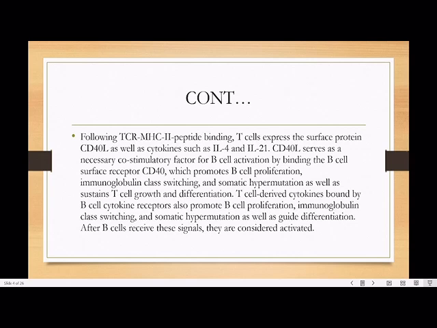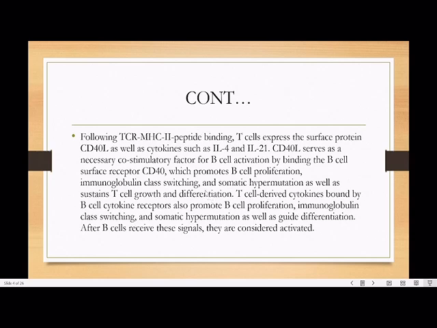The CD40 ligand serves as a necessary co-stimulatory factor for B cell activation by binding the B cell surface receptor CD40, which promotes B cell proliferation. It also drives immunoglobulin class switching, somatic hypermutation, and sustained T cell growth and differentiation.